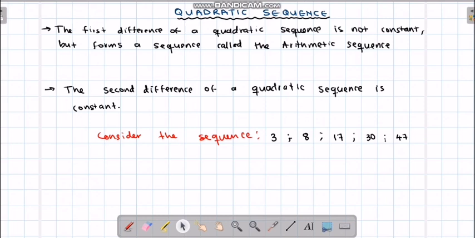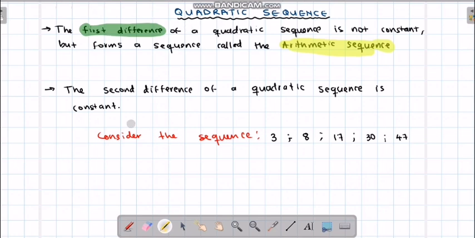With a quadratic pattern, the first difference is not the same, or it's not constant. But the first difference of a quadratic pattern forms another pattern, which is called an arithmetic pattern.